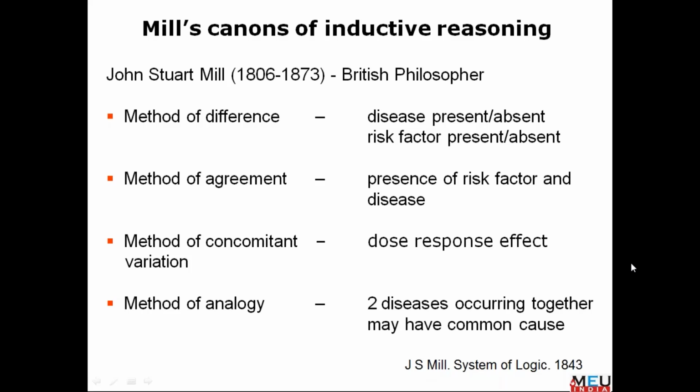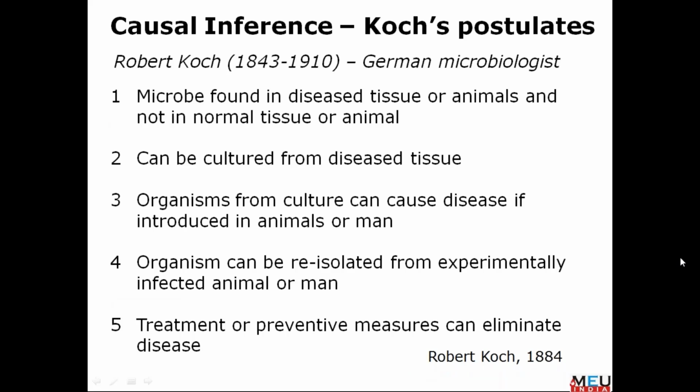Or concomitant variation: whether by giving certain dose, the response increases or decreases. And the method of analogy: two diseases could be occurring together and may have the same cause. So this is the system of logic, how we think about the various points.